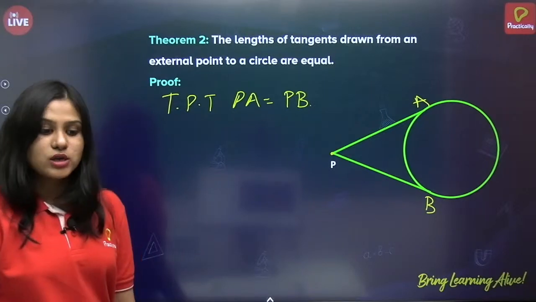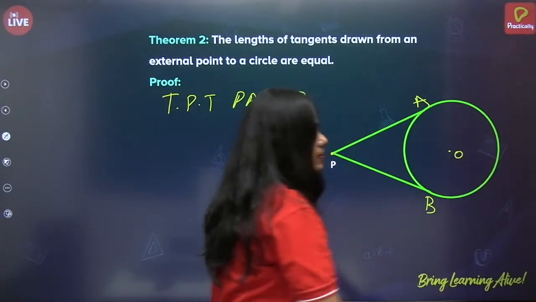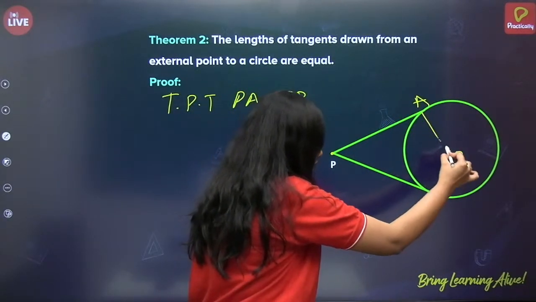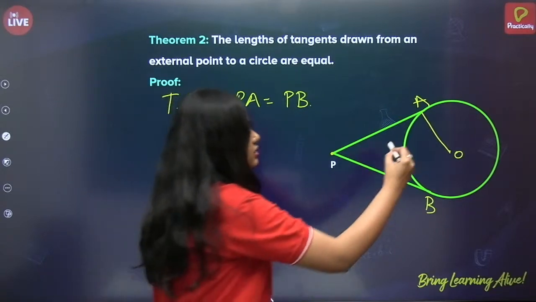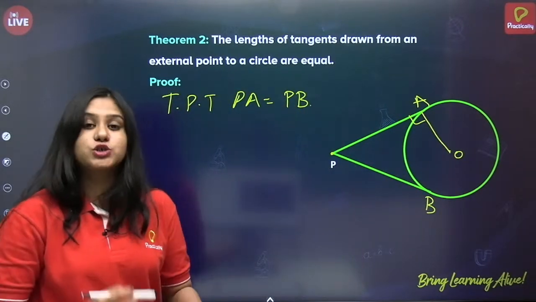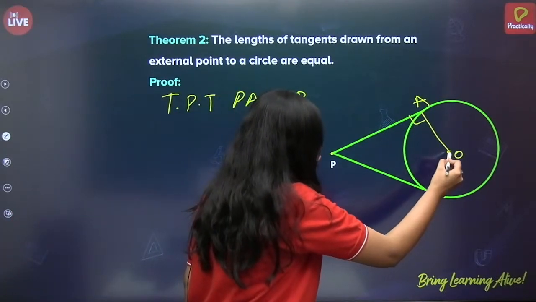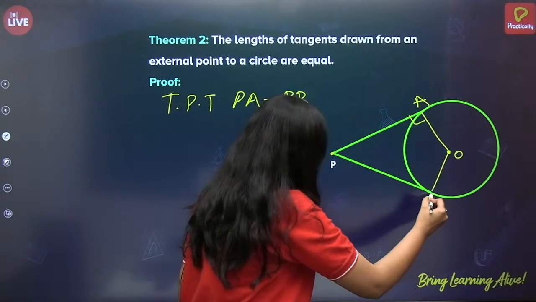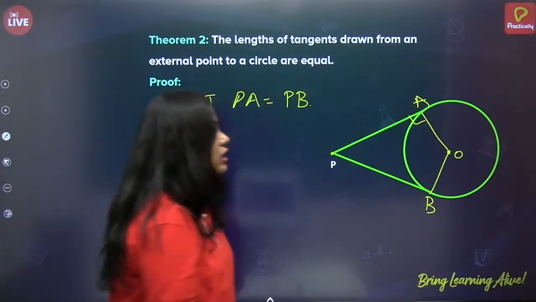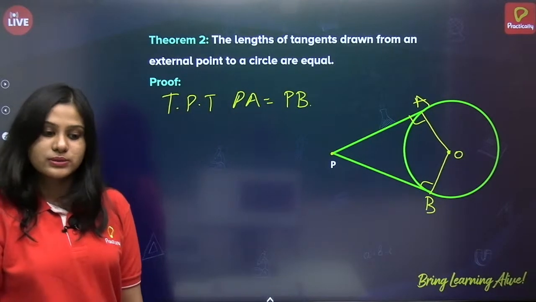All right. So how do we do it? Let us see. This is the center O, correct? Let me draw a radius OA, where this radius is perpendicular to the tangent, which we have seen in Theorem 1. Next, again, let me draw the radius from the center of the circle to the point of contact B. Okay, and we know that OB is also perpendicular, correct?